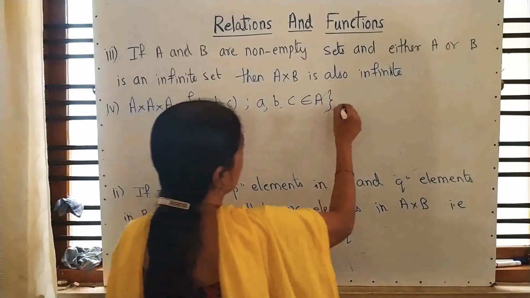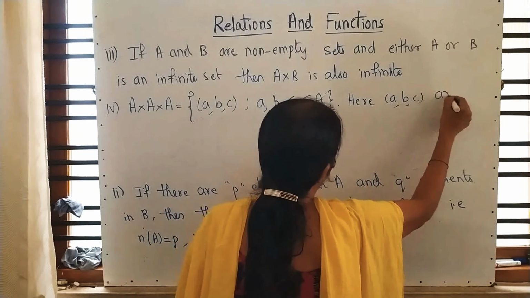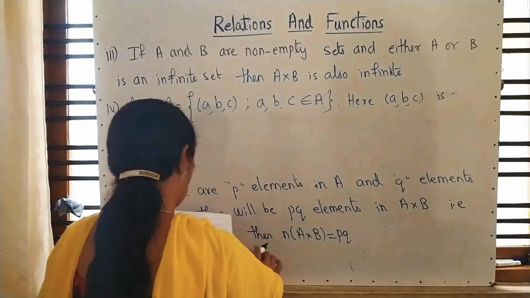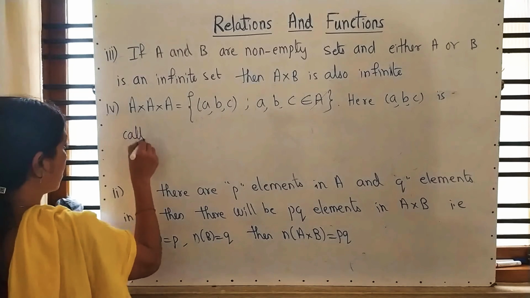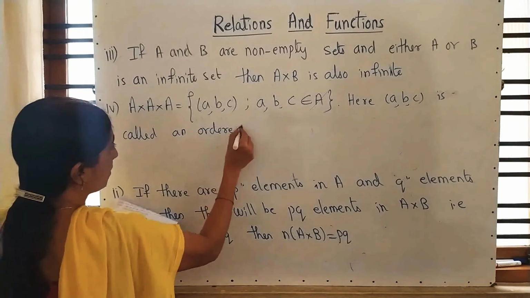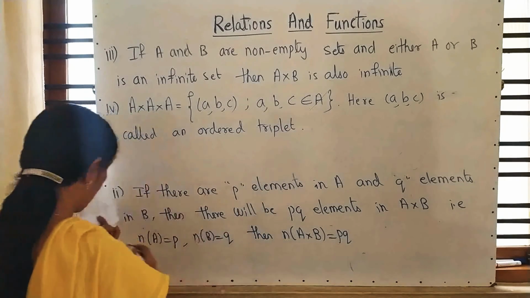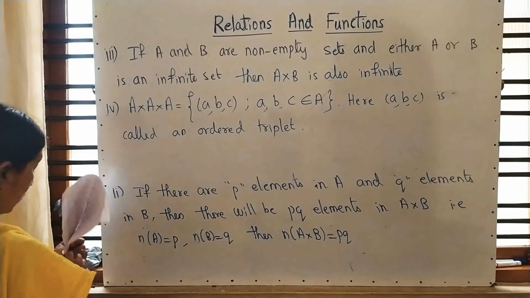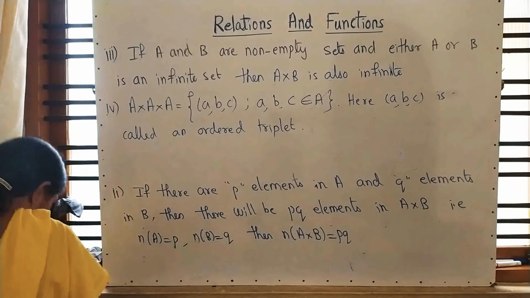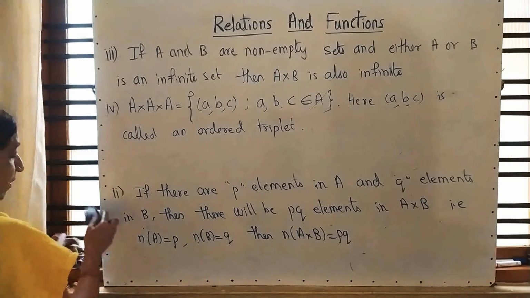Here (a, b, c) is called, and it may help in your competitive exams, that's why I am giving, an ordered triplet. Correct or what? Yes. So like this we are going through the Cartesian product, and there are some properties of the Cartesian product. I will solve some examples before. I am not going to the exercise, just solving a few examples here.